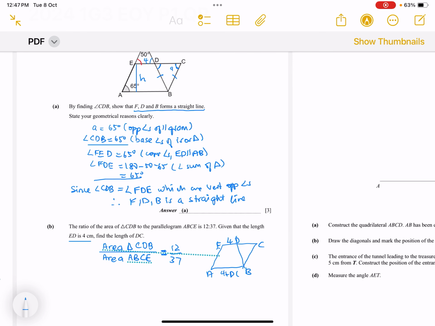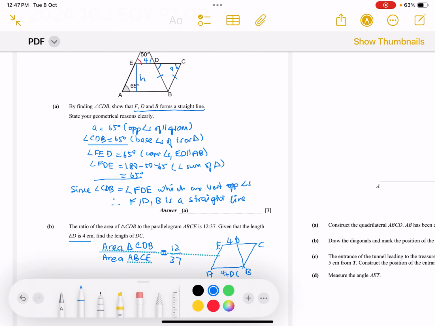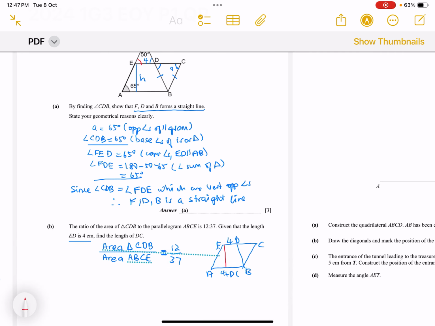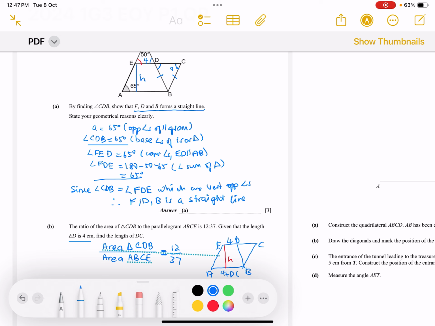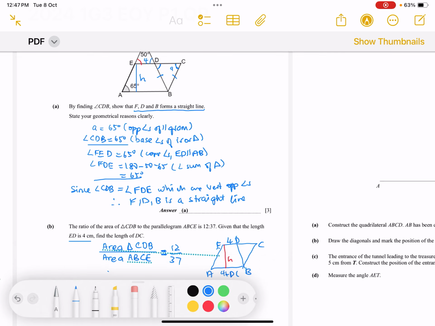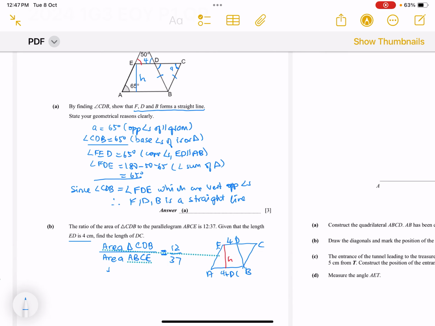So for the area of the triangle, we need to introduce a height. Both the triangle and the parallelogram have the same height. For the triangle, it is half base, which is DC, times the height. And the area of the parallelogram is just base times height. The base is 4 plus DC times the height.